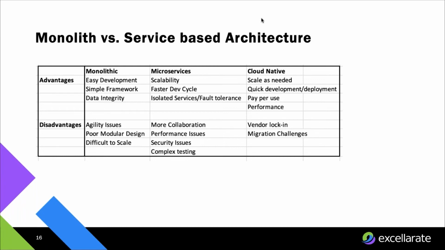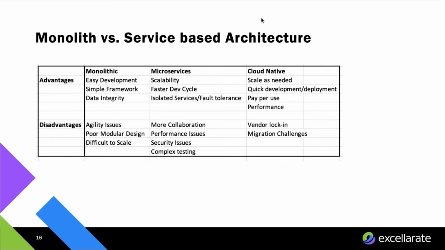If you go with microservices, it is a scalable architecture with a faster development cycle, isolated services, and fault tolerance, right? But it requires more collaboration, and brings performance issues, security issues, and complex testing. So all these things need to be taken care of. But if your application needs to support a scalable design, where the incoming traffic is going to be, say, 1 million users, it is better to go with a microservices design.